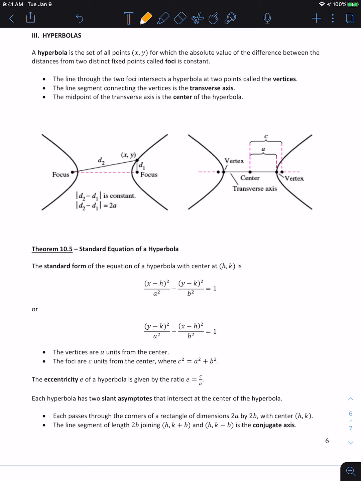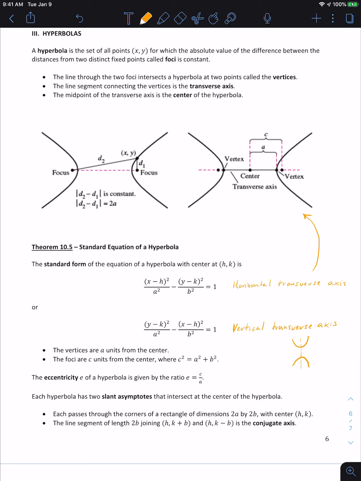The top one is when I have a horizontal transverse axis, so that's like what I have up here. And then over here is where I have a vertical transverse axis. So in other words, it looks like this.